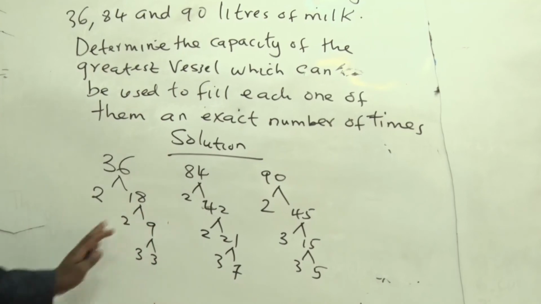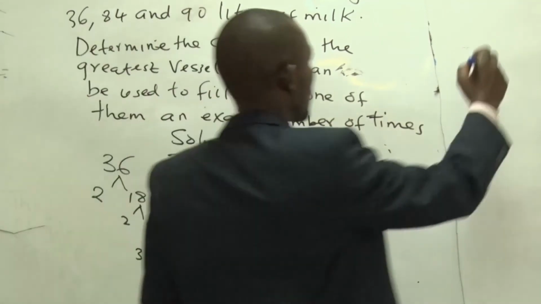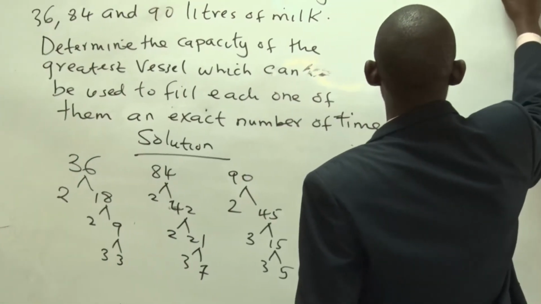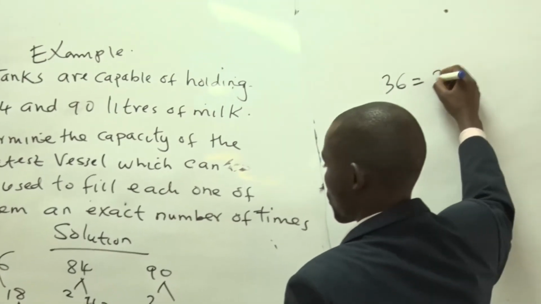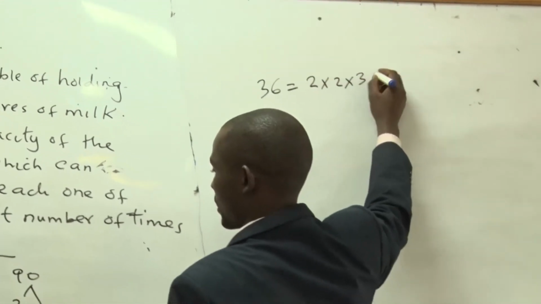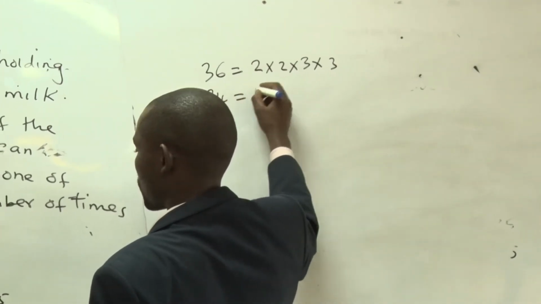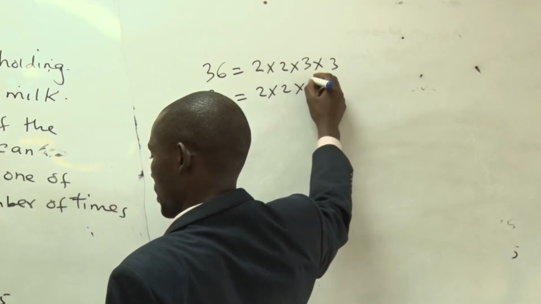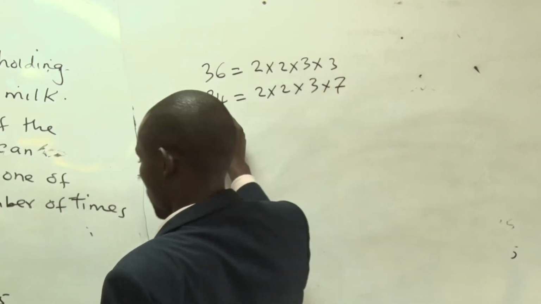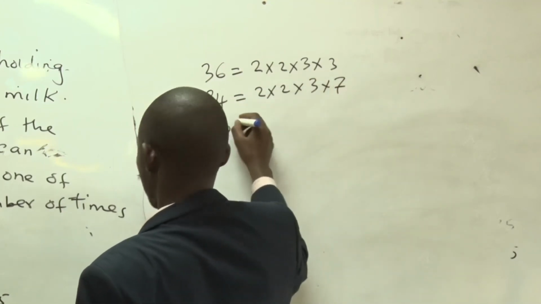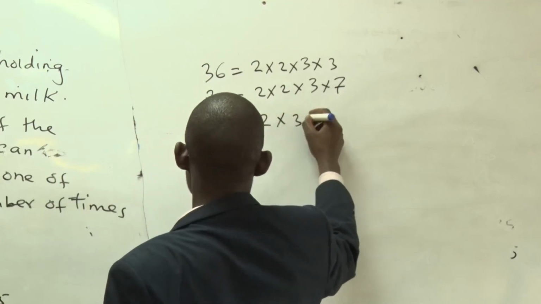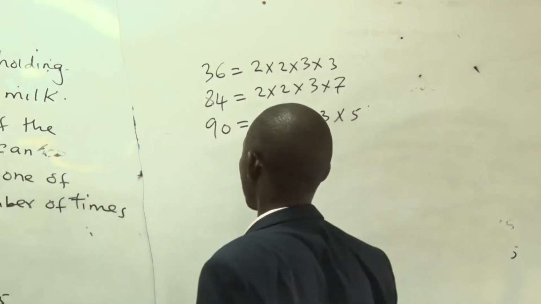After you have done this, you will write the factors. 36 is equal to 2 times 2 times 3 times 3. 84 will be equal to 2 times 2 times 3 times 7. 90 will be equal to 2 times 3 times 3 times 5.